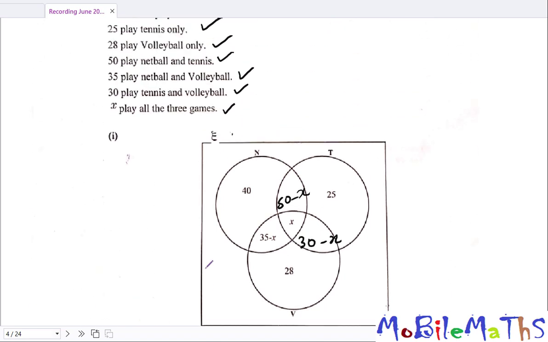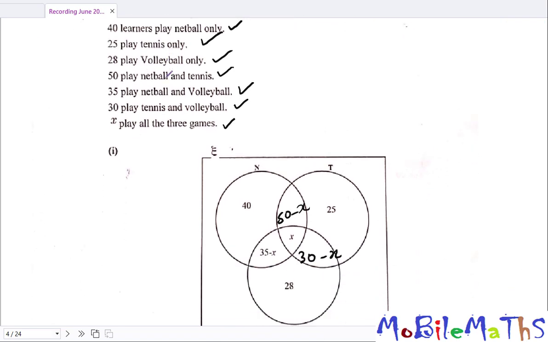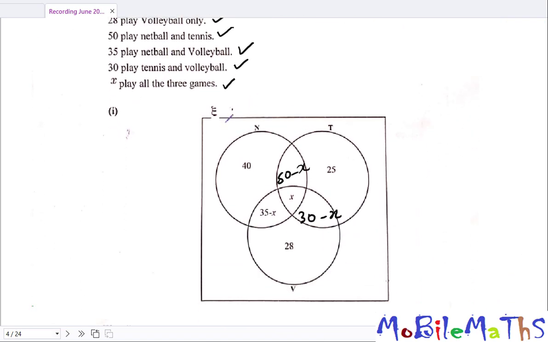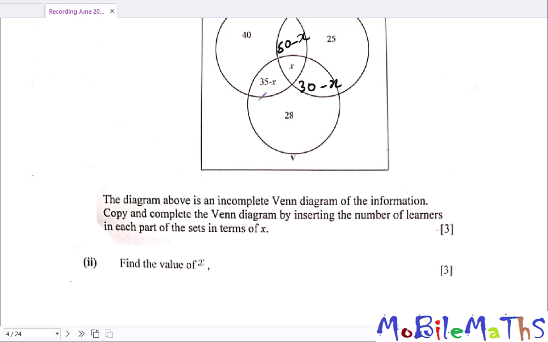So for the value of x, we know that they said all of these learners are 160. So everything inside our Venn diagram should add up to 160. So we are going to use that information to generate an equation. I've got my 40, so I'm going to add everything and it should give me 160.